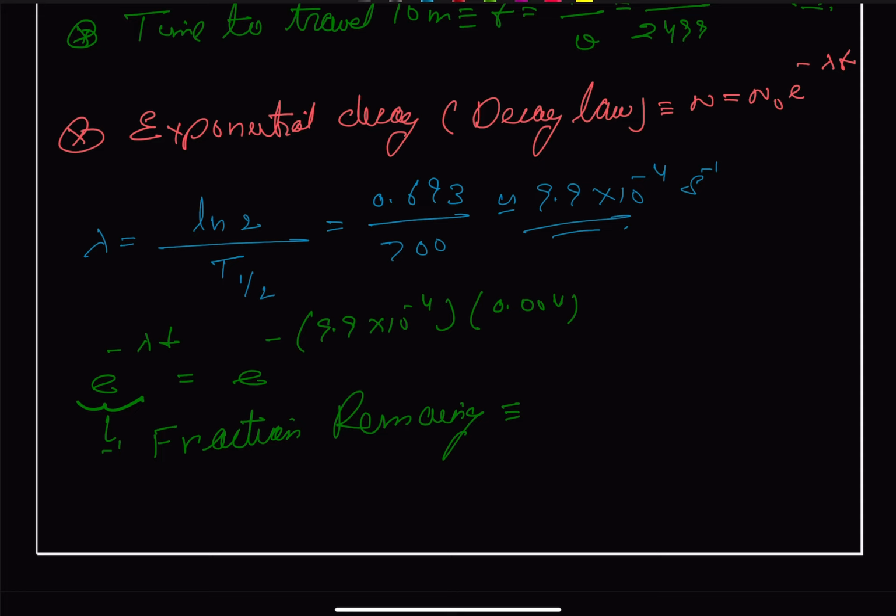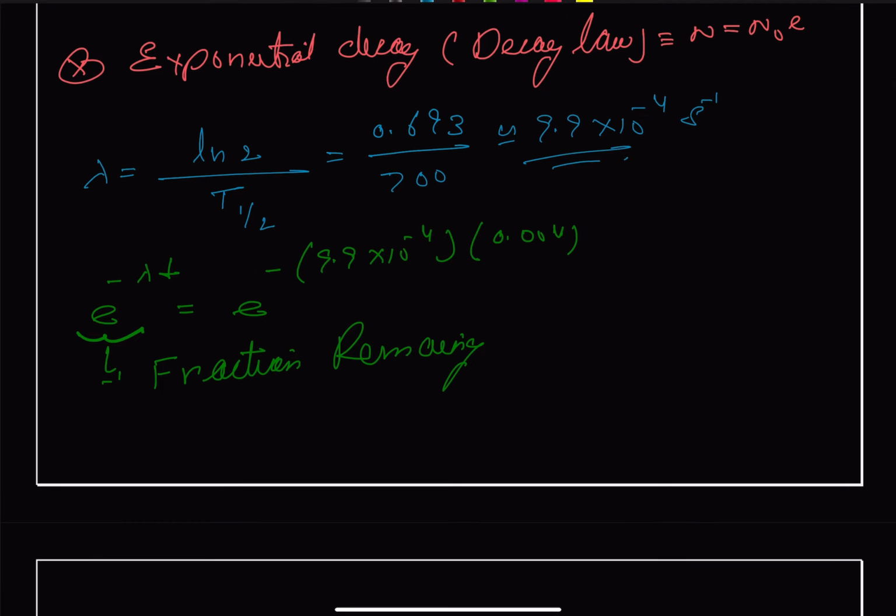Okay, and we are supposed to find out the fraction decayed. So therefore we can write that our fraction decayed will be equal to 1 minus the fraction remaining, that is e raised to power minus lambda t.